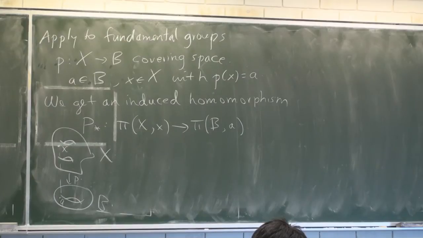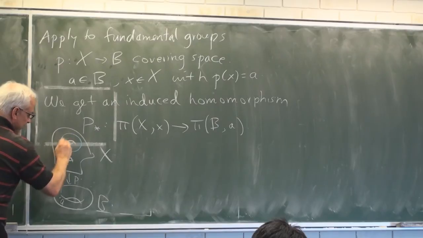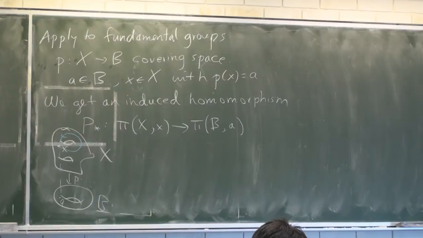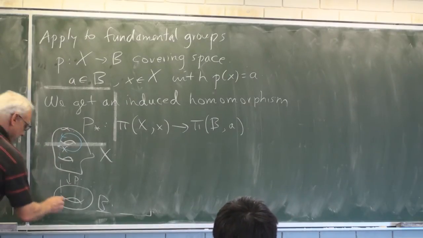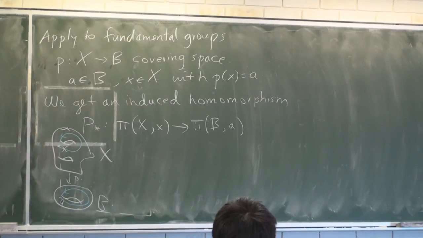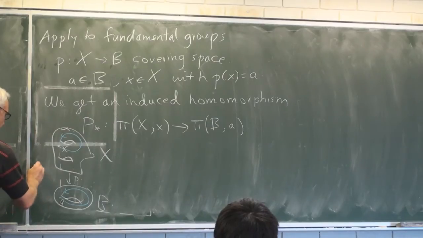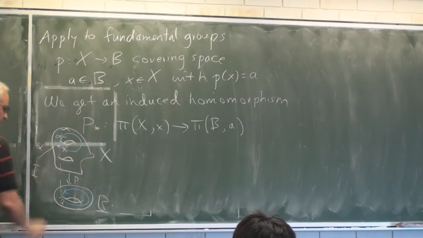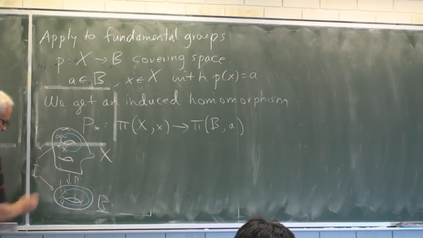If we take any loop in this space, starting and ending at x, and we look at its image under the map, then we will necessarily get a loop that begins and ends at A. So we're just composing the map from the interval, say that's alpha, with P to get a map here.